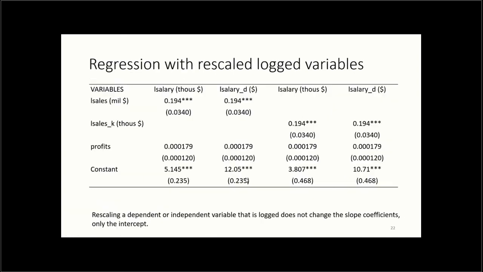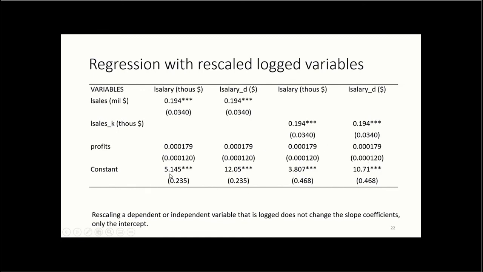So let's see how the regression results look. Here we have log of salary in thousands and log of salary that was measured in dollars. That's repeated here. And we have the log of sales in millions and the log of sales that was measured in thousands. One thing to notice is that as we go from regression to regression, nothing happens to these coefficients. They're identically the same, and this coefficient is identically the same.